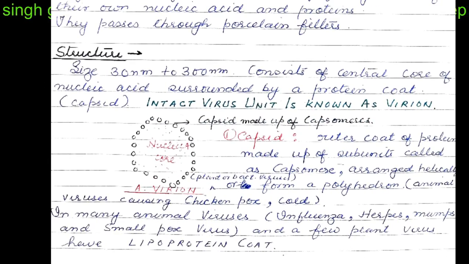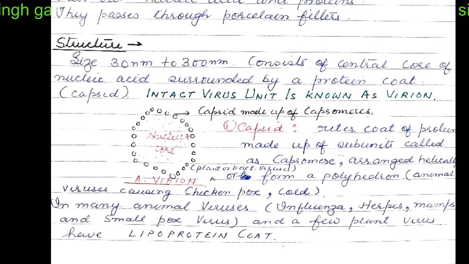If we see the general structure of the virus, they have a dimension of around 30 nanometers to 300 nanometers. They consist of a central core of nucleic acid, which is surrounded by a protein coat called the capsid. The intact virus, which has the capacity to infect, is called a virion.